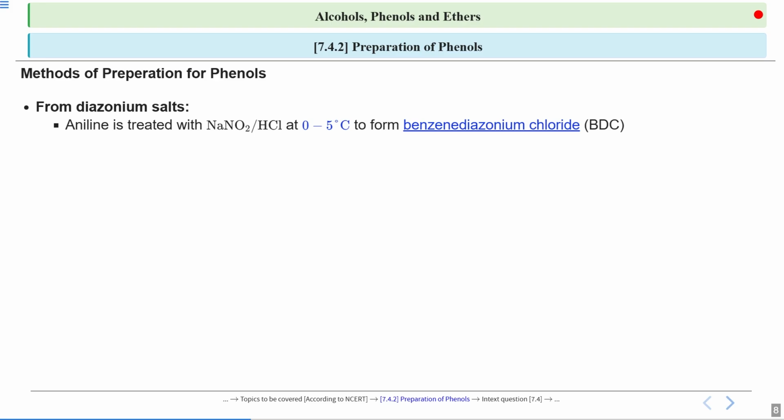You can also call it BDC. So we take the aniline and react it with NaNO2 in presence of HCl at 0 to 5 degrees Celsius, and it will give us benzene diazonium chloride. Then the diazonium salt you get is warmed with water to produce our major product, phenol.